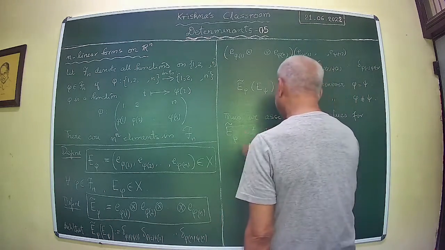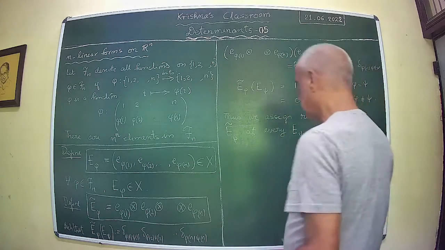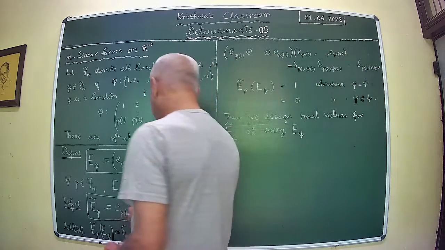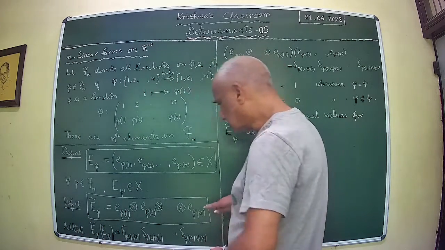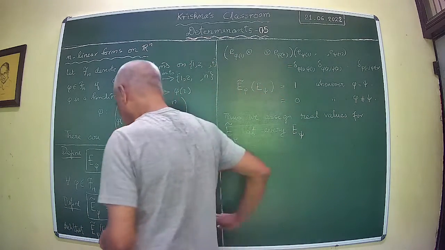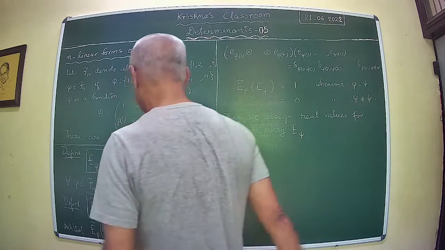So, for each fixed phi, we have this defined in this particular way, or this is a notation rather, whose action is defined on this.